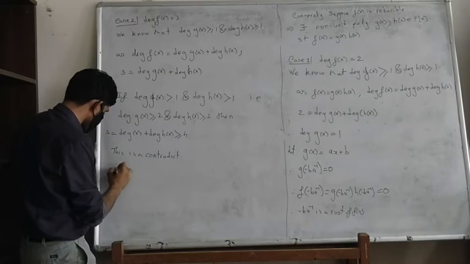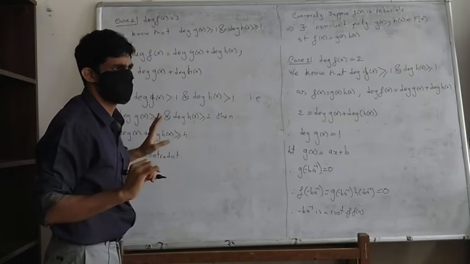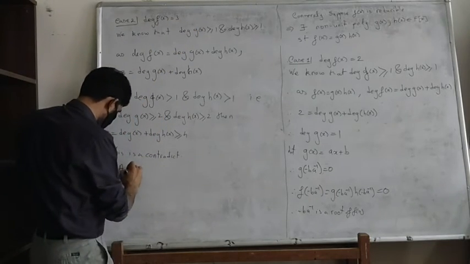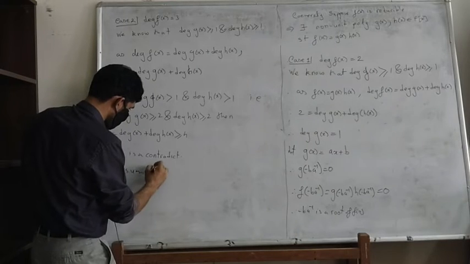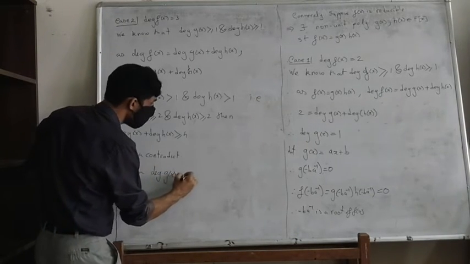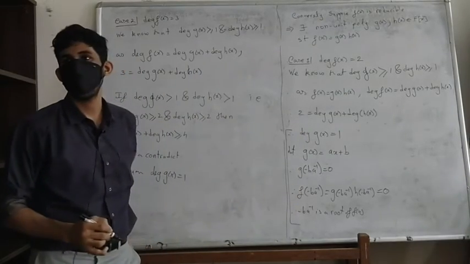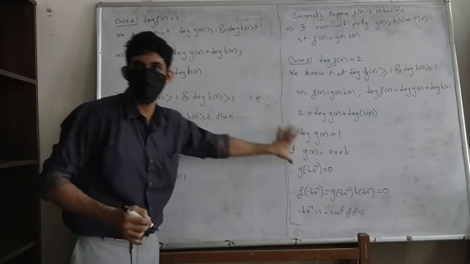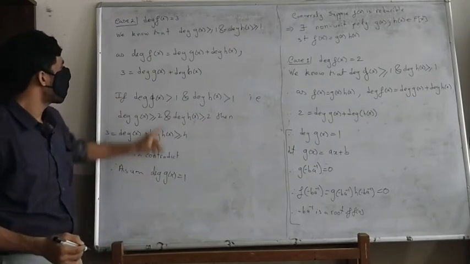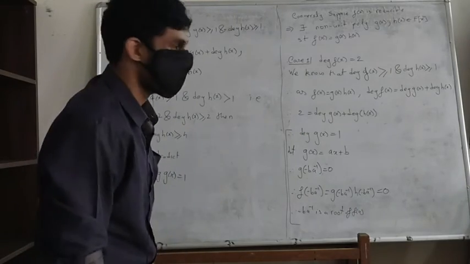So therefore, one of them should be of degree 1. I am assuming that g of x has degree 1. It does not matter. Assume that the degree of g of x is 1 and repeat this exact argument. This exact argument you copy from here, paste it into this, it will prove that f has a root. Okay, a very simple argument, right?